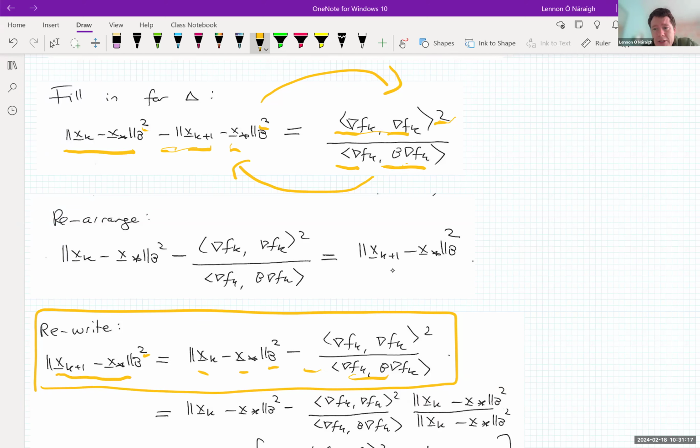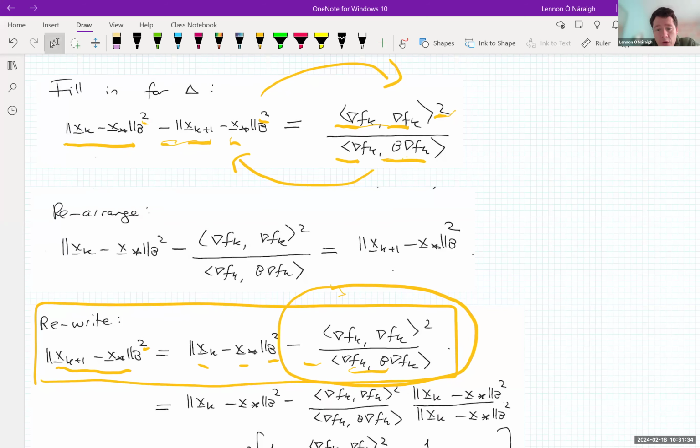So this is telling me in going from one iteration to the next, my difference between the minimizer and my guess gets smaller, and gets smaller by this amount here. So this is a great improvement, and the aim of the final part of the calculation is to find some nice expression for this correction.